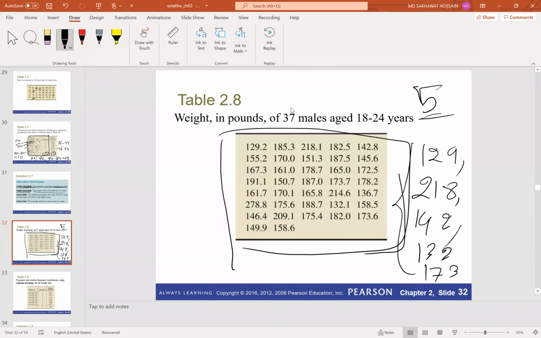So in this case, our variable is also weight. Now the question is, in this case, is the weight a continuous or discrete variable? What do you think? Instead of considering 37 males, if I consider just 5 persons, and their corresponding weights are 129, 218, 142, 132 and 173.